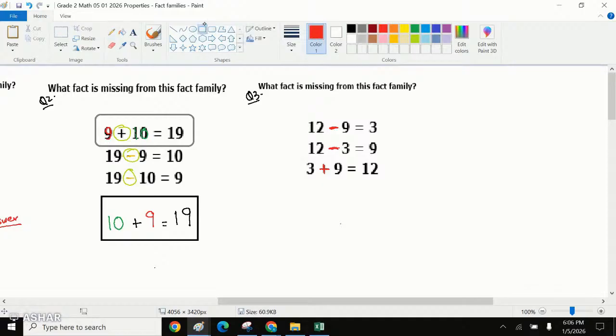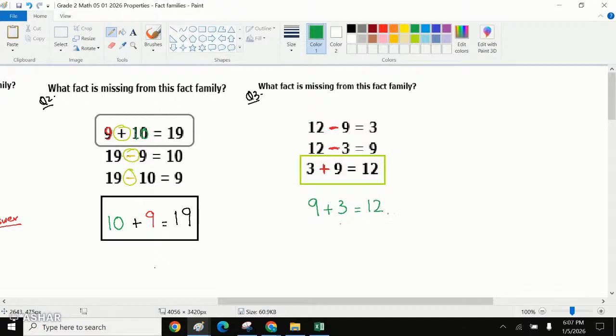So looking at the positive statement, we just need to change the order, because in addition, the order does not matter, right? 3 plus 9 would always be equal to 9 plus 3, and the result would stay the same.